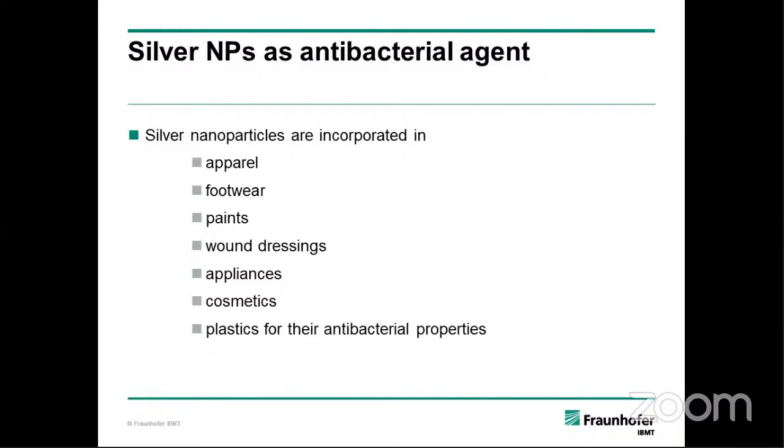Wound dressings, especially in cases of burns on our skin, the dressings are coated with silver nanoparticles. So these silver nanoparticles are actually functioning as an antibacterial agent in these dressings. In appliances, cosmetics, and plastics, the nanoparticles are used as an antibacterial agent.